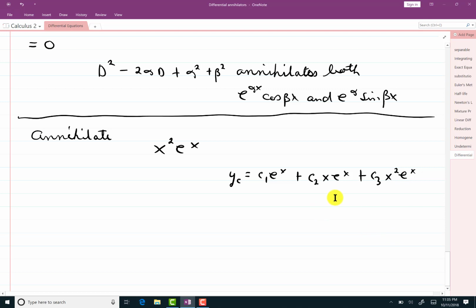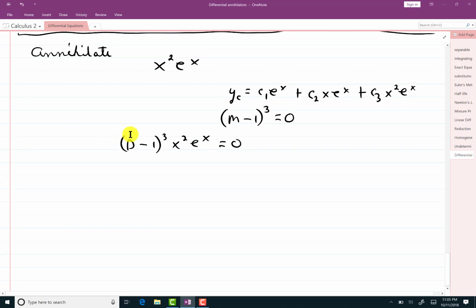If you see that as a solution, then you know that you had the number 1 repeated a total of 3 times. So this would have been m minus 1 cubed equals 0. You'd have 1 as a repeated root. So then for us, d minus 1 cubed should annihilate x squared e to the x. Let's actually see if it does.